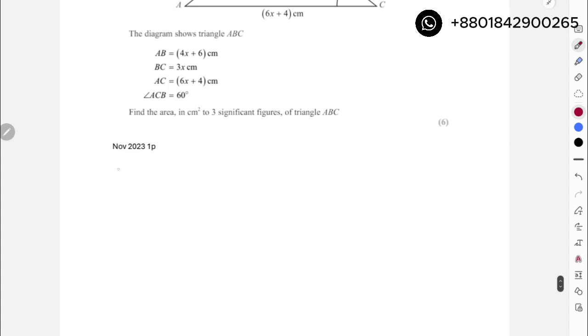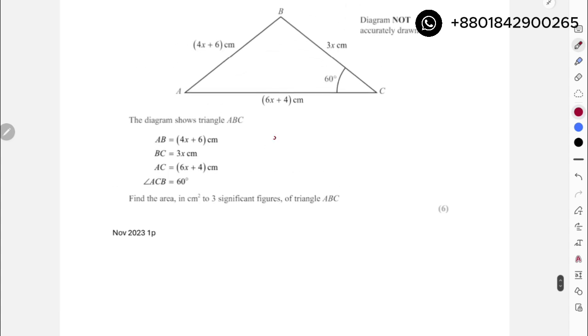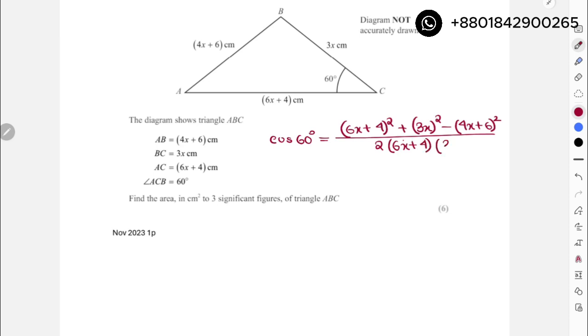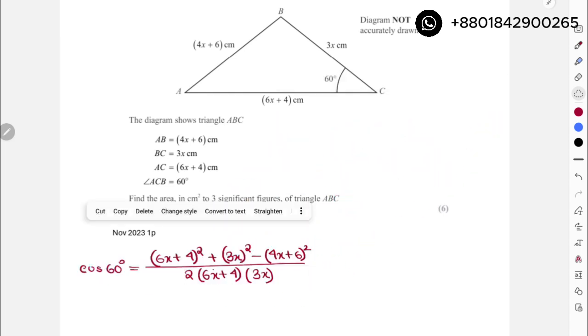I'll write the formula here: cos 60 degrees is equal to 4x plus 6, sorry, this will be the negative answer, so (6x plus 4) whole square plus (3x) whole square minus (4x plus 6) whole square, and everything over here will be divided by 2 times (6x plus 4) times 3x. We're just going to carry on with this working in the next step.